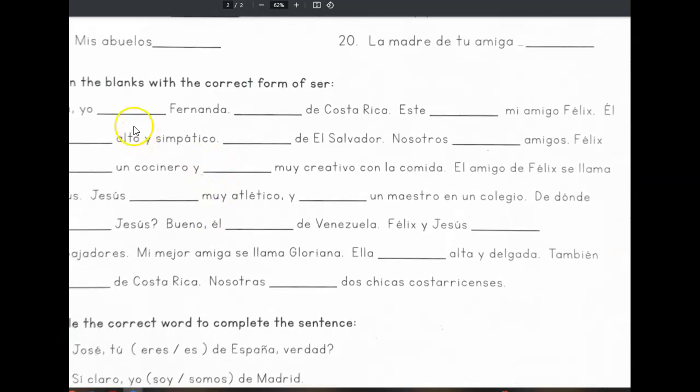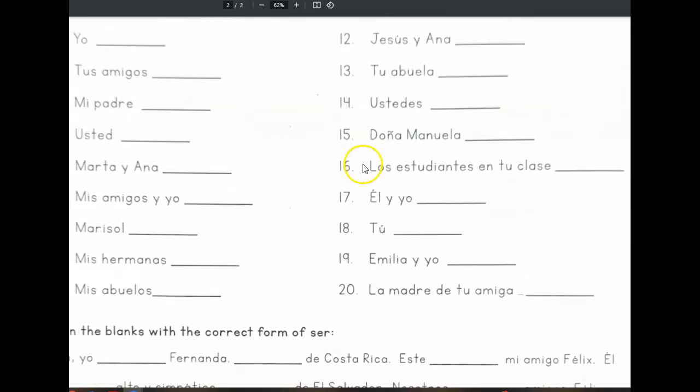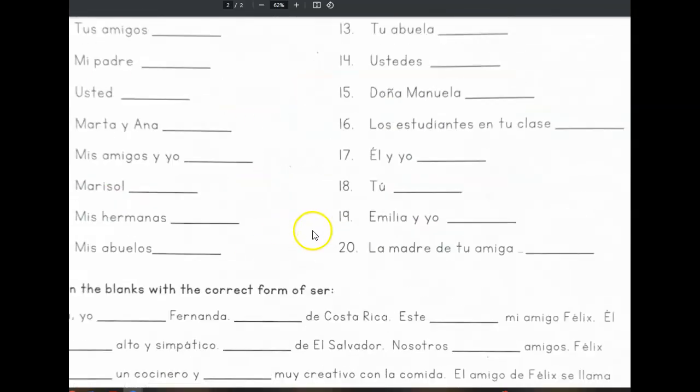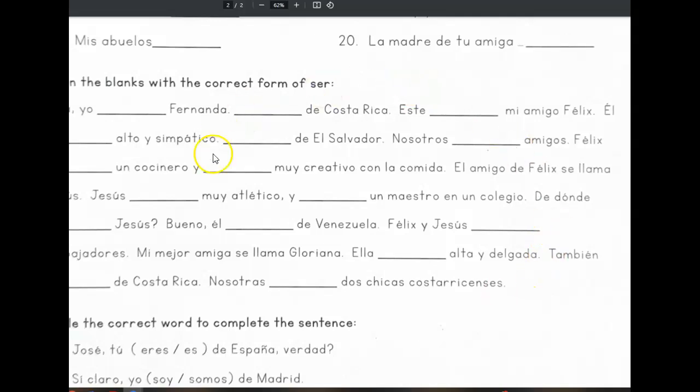Alright, for the rest of these, fill in the blanks with the correct form of ser, very similar to this activity, but you're doing it in a complete paragraph. Hola, yo soy Fernanda. No new subject, so we're going to assume that the subject for the second blank is the same as the first, and therefore the answer for the second blank is the same as the first. Soy de Costa Rica.